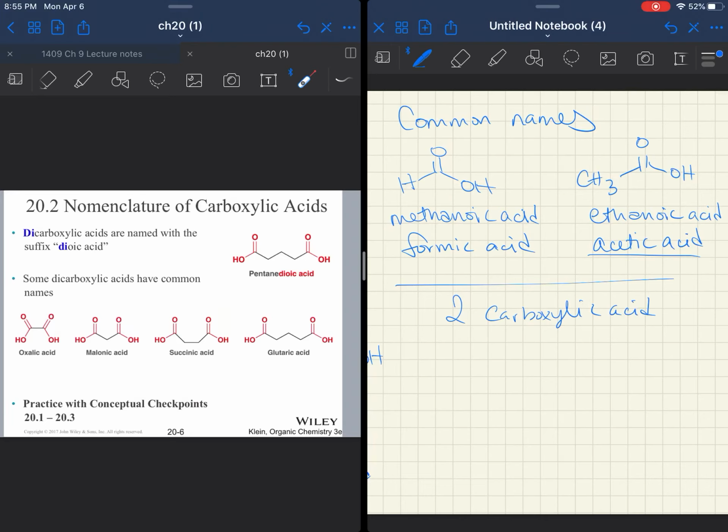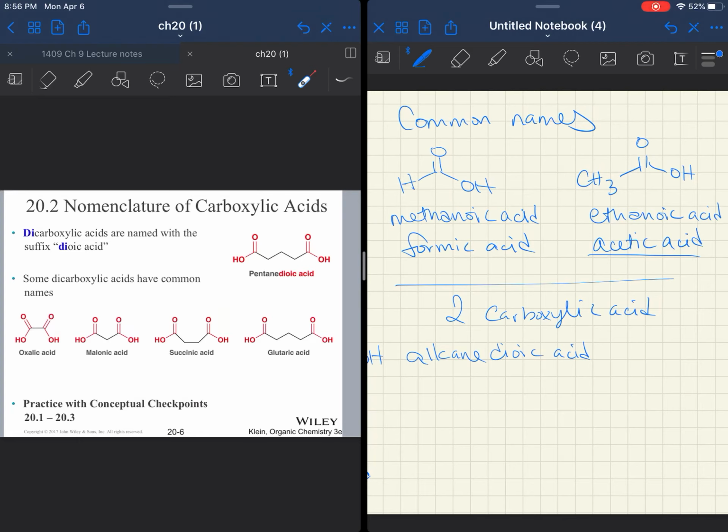If you have a dicarboxylic acid, so you're going to have 2 carboxylic acids on the same parent, you're going to want to choose the parent that has both the carboxylic acids. You are going to still count 1, 2, 3, 4, 5, and you're not going to drop anything.